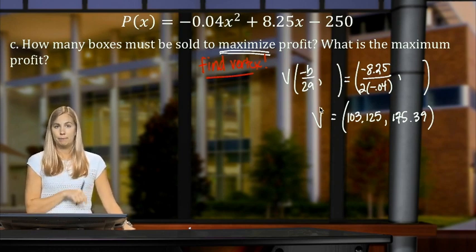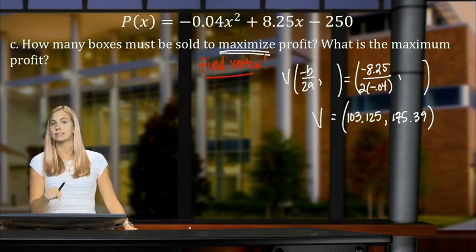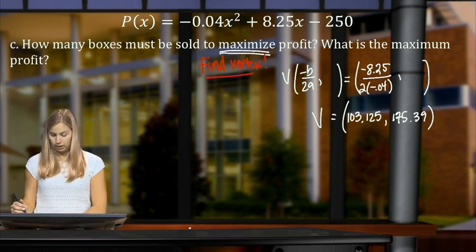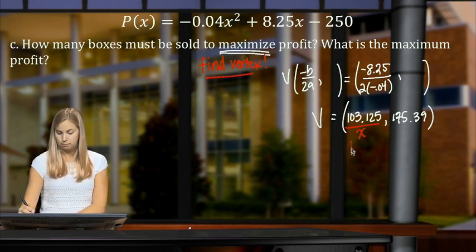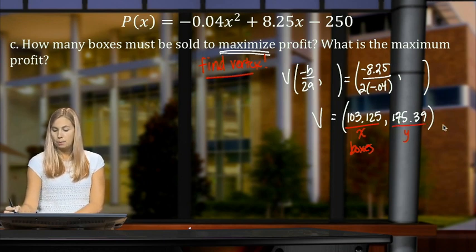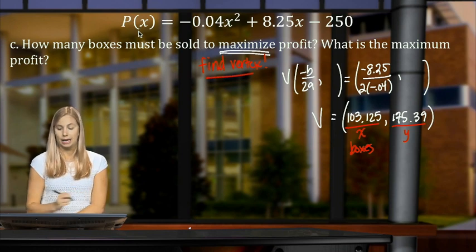Again, if I look back at my question, it's not asking us to find the vertex. Because it wants us to maximize something, that's what's telling us to find the vertex. The first question is asking how many boxes must be sold to maximize profit. Well, we know that our x represents boxes. And now our y, because we were using a different function, is representing the maximum profit.